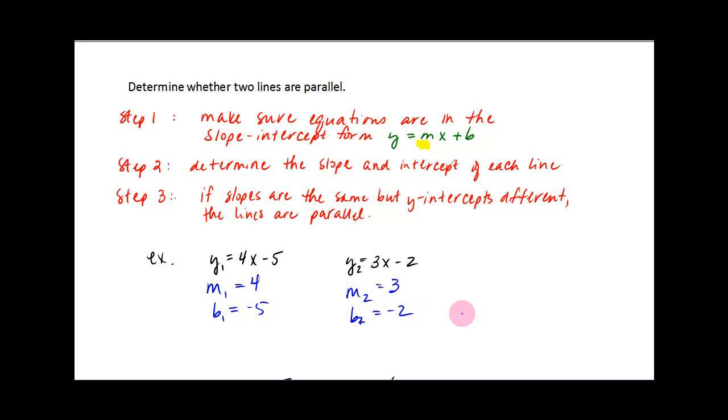So, if I'm determining whether they're parallel, I'm going to look at their slopes first. Are the slopes the same? The first slope is 4, the second slope is 3, so therefore, these three little dots mean therefore, these are not parallel because their slopes are not equal.